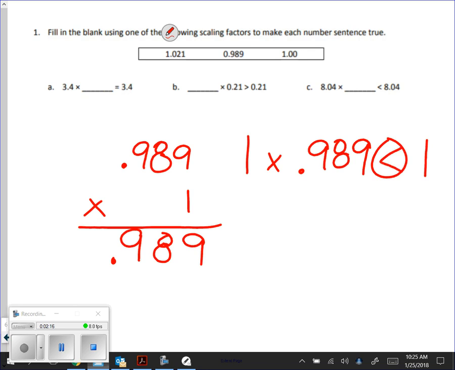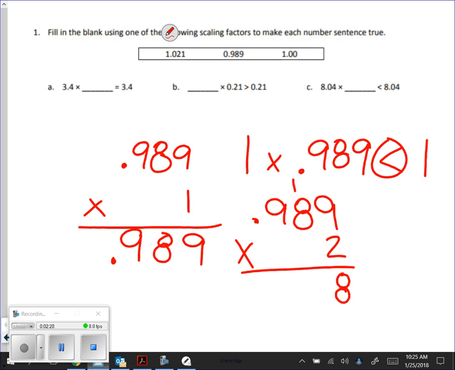So 1 is now larger. If I have 989 thousandths and multiply it by 2: 2 times 9 is 18. 2 times 8 is 16 plus 1 is 17. 2 times 9 is 18 plus 1 is 19. Carry my 1. 1, 2, 3 numbers behind the decimal.